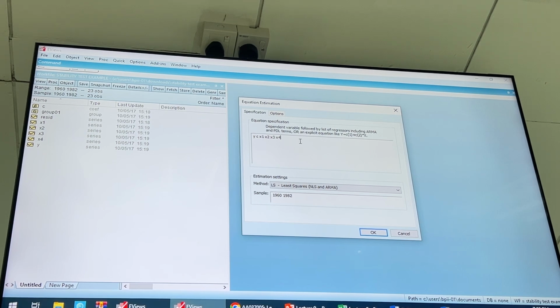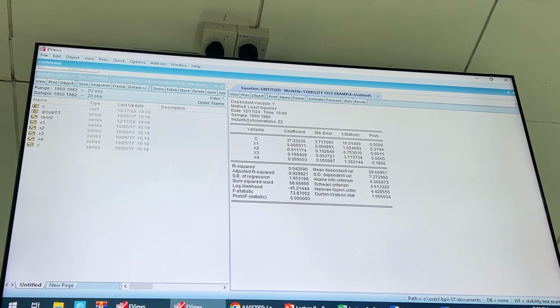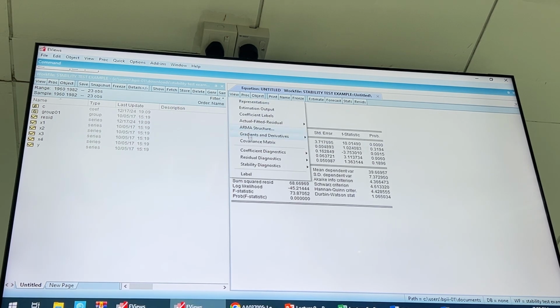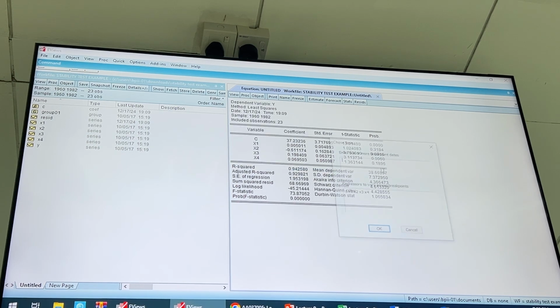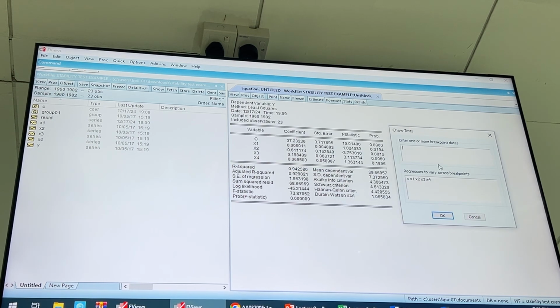So now, to refresh what we did before, we estimate the model, and to perform the Chow test, we go to View, Stability Test, Chow Breakpoint. Some of you asked me through email how to decide the breakpoint date. It is the first point in the second subsample.